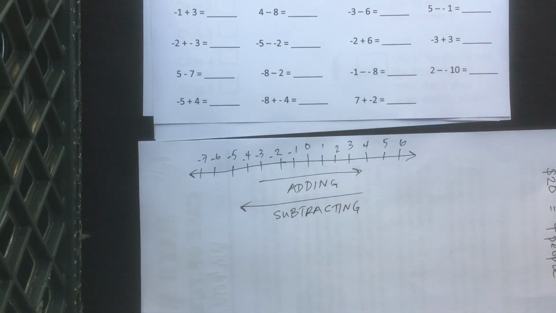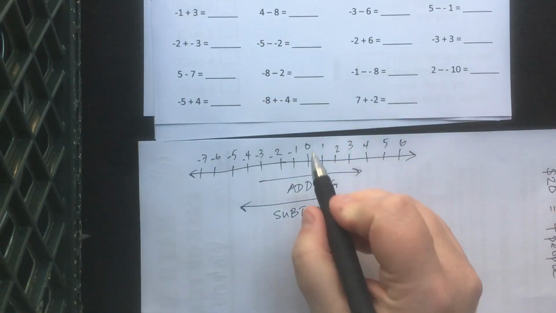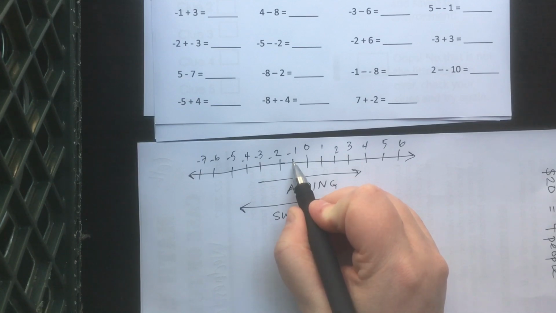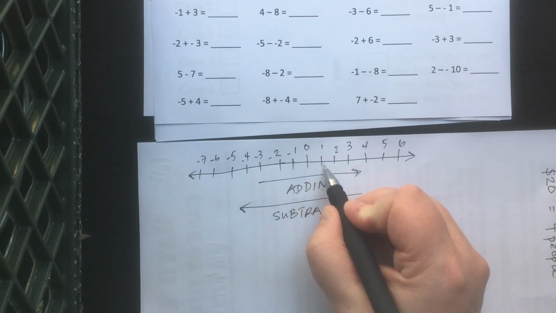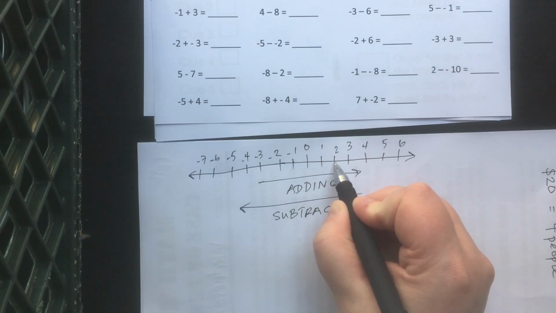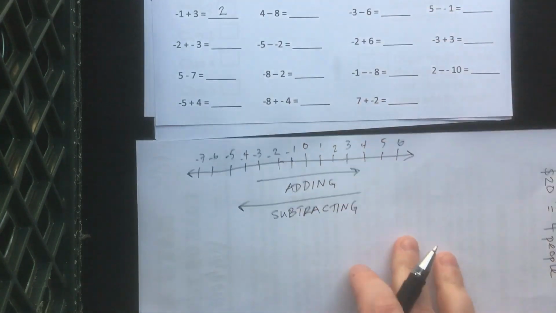Okay, good. So it says -1 plus 3. So I start at -1, and since I'm adding, I'm going to the right. I'm going to add 3, 1, 2, 3. So -1 plus 3 is 2.